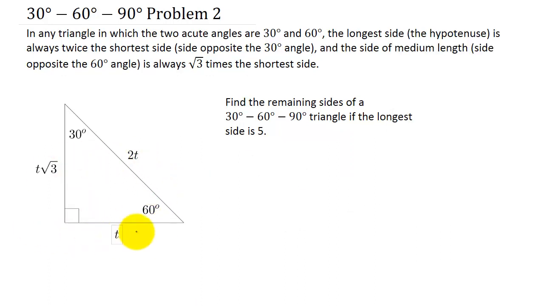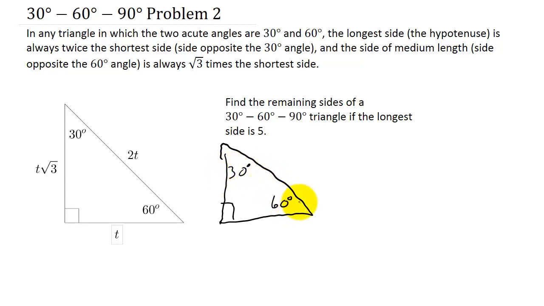So the same thing here. We've got a 30, 60, 90 triangle. It says find the remaining sides of a 30, 60, 90 degree triangle if the longest side is 5. Alright, so let's sketch the triangle out. There's the 90 degree angle. Here's the 30 degree angle.